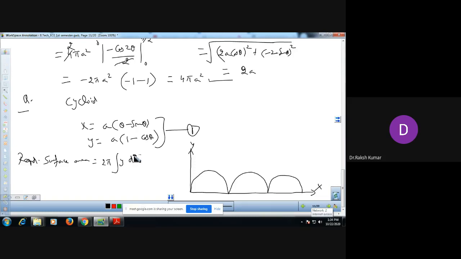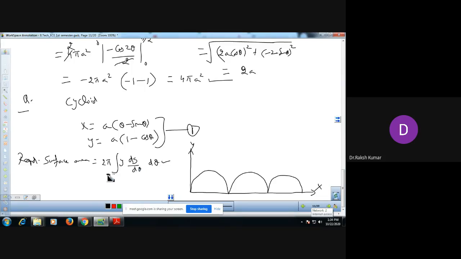You know the formula of this 2 pi y ds, but here x and y are given in terms of a and theta. So you can convert it into theta like this, meaning you can integrate it with respect to theta. So this is the meaning.